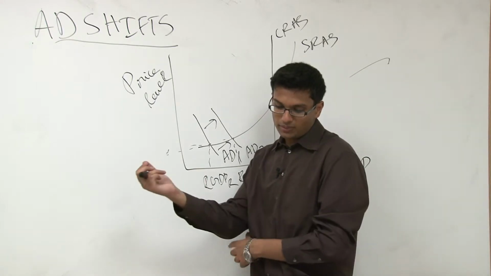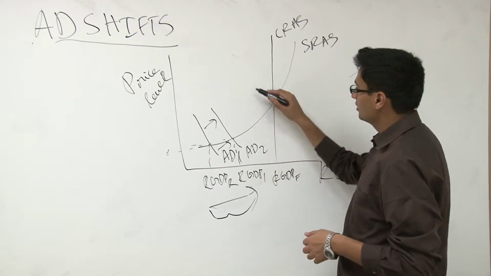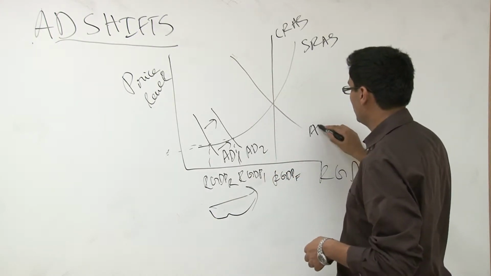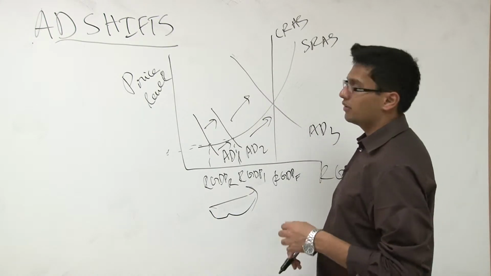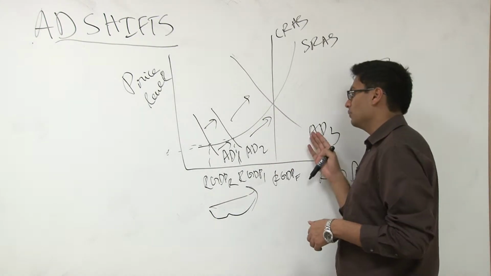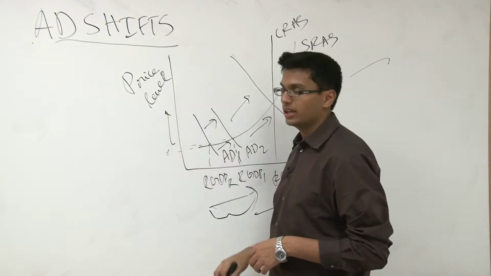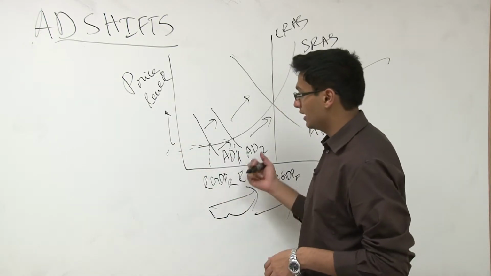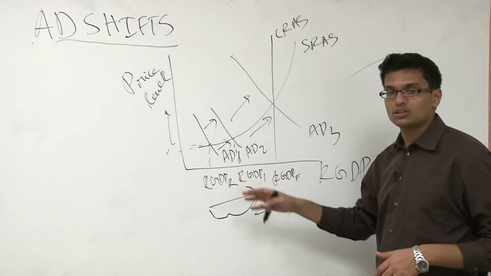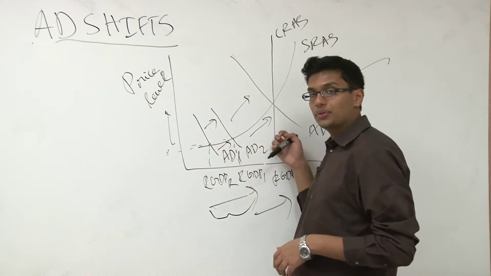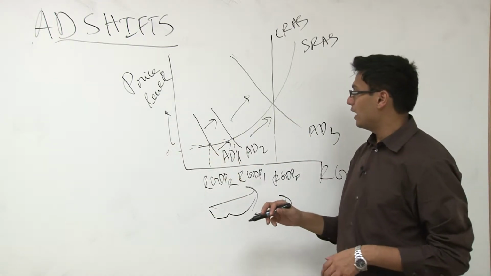Now let's talk about moving from AD2 to AD3 at full employment. The government spends more money again, AD moves up again, RGDP moves, but this time price levels actually increase. Last time we shifted from AD1 to AD2, price levels didn't shift as much, but from AD2 to AD3, price levels definitely changed dramatically.